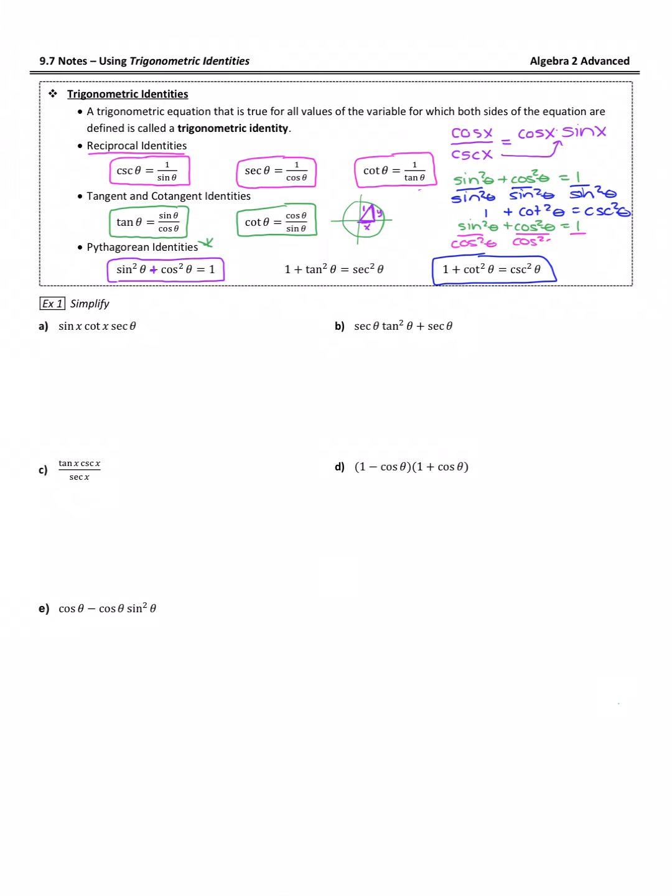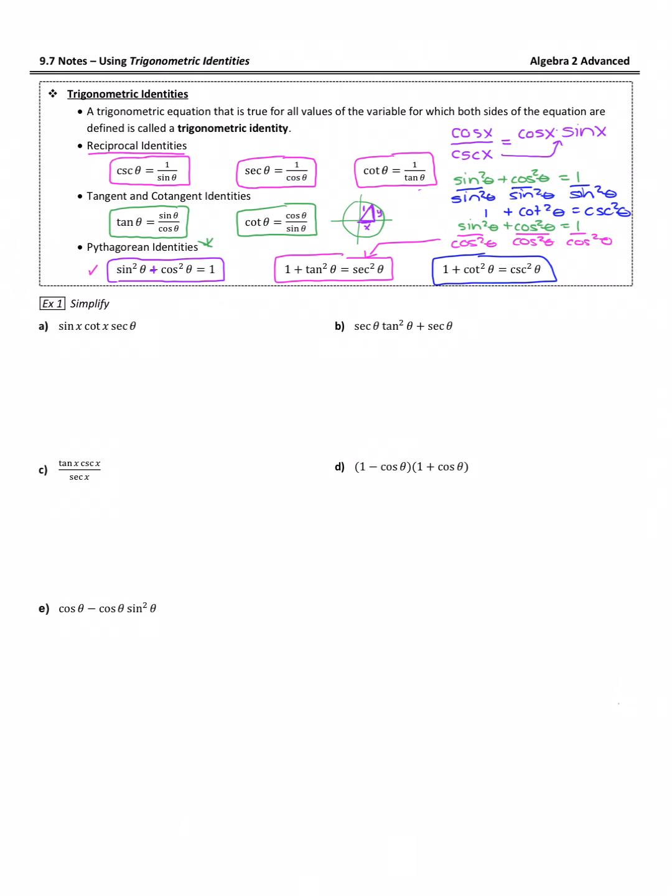And notice if I simplify that, it would give me tangent squared plus 1 equals secant squared. So the most important one to remember is sine squared plus cosine squared equals 1. The other two are really good to remember, but if you have a moment where you forget, just realize it's really easy to derive them.